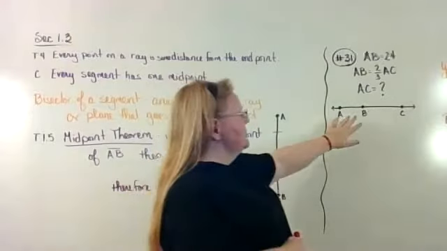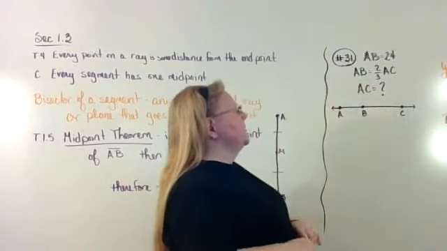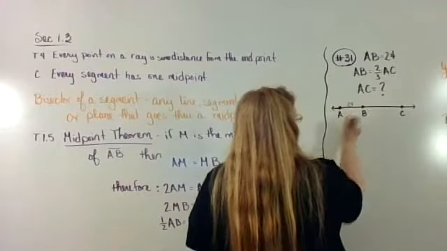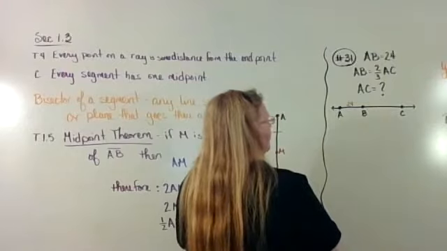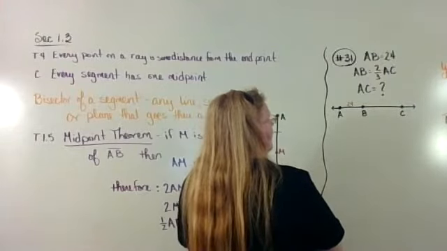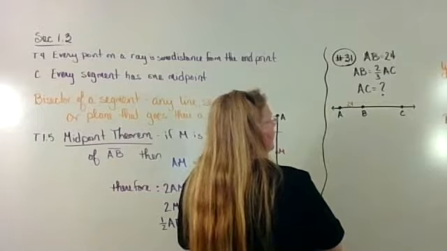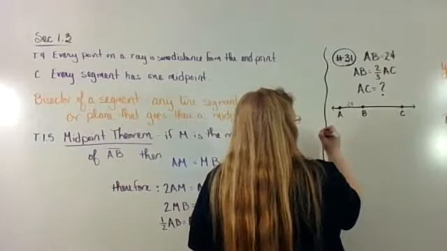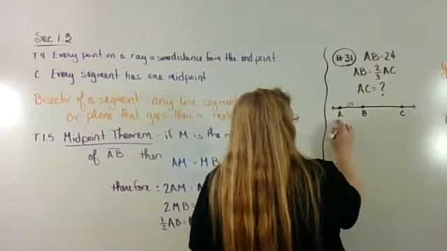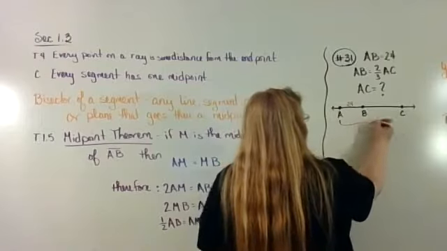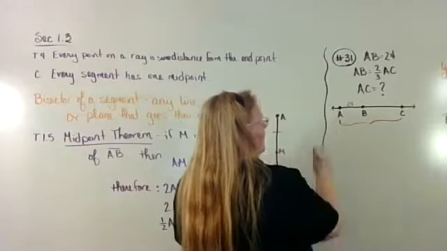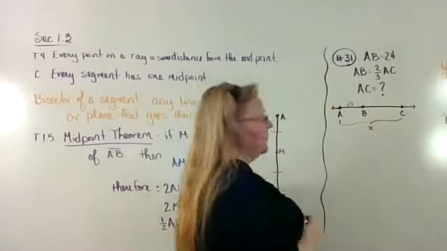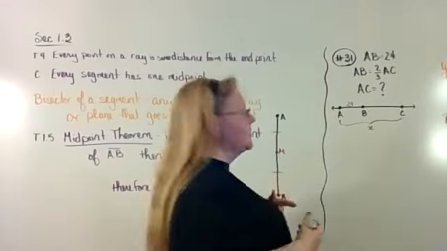Okay, so this is the picture they gave us. Then they gave us this information up here. They said that AB equals 24. That's my distance between A and B is going to be 24. And that AB was the same as 2/3 of AC. And they want to know what's the distance from A to C. Well, my AC, we're going to call X right now because that's what we're looking for, the whole algebra thing.